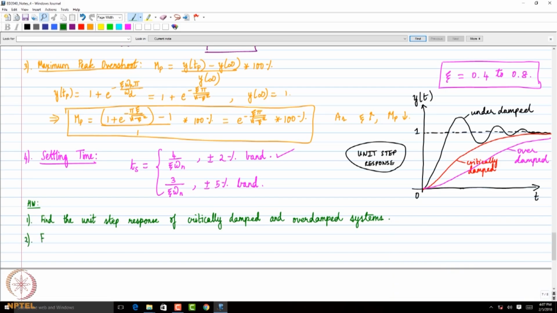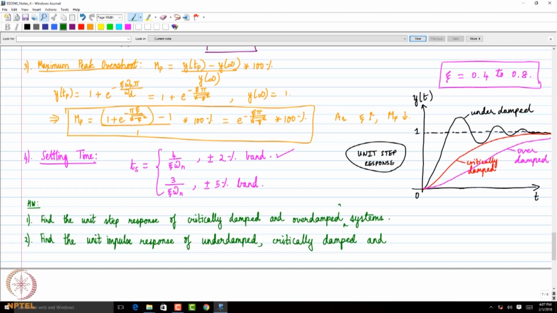Second, find the unit impulse response of underdamped, critically damped and overdamped second order systems.